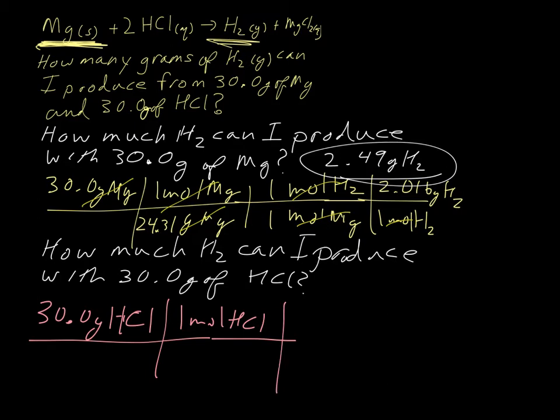So let's see, I've got 1.008 plus 35.4527. 1 mole of hydrochloric acid is 36.46 grams of hydrochloric acid. So I've gotten rid of my grams of hydrochloric acid.